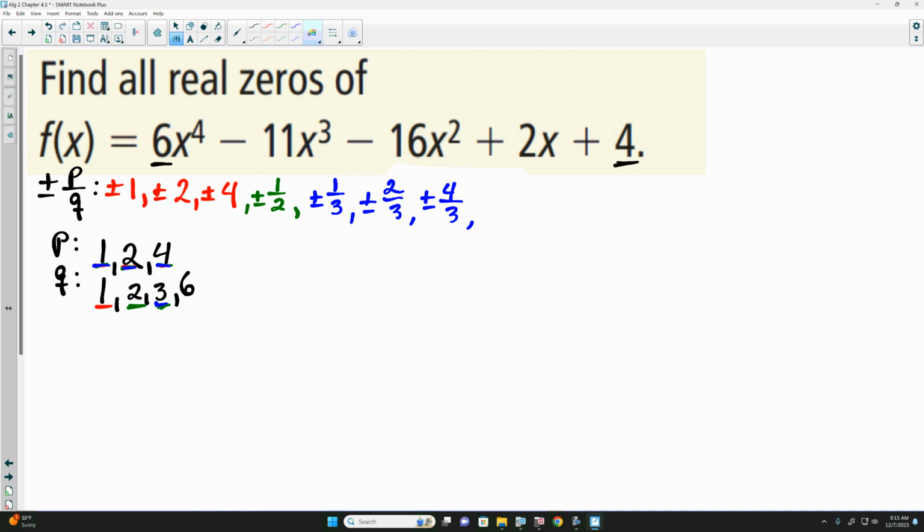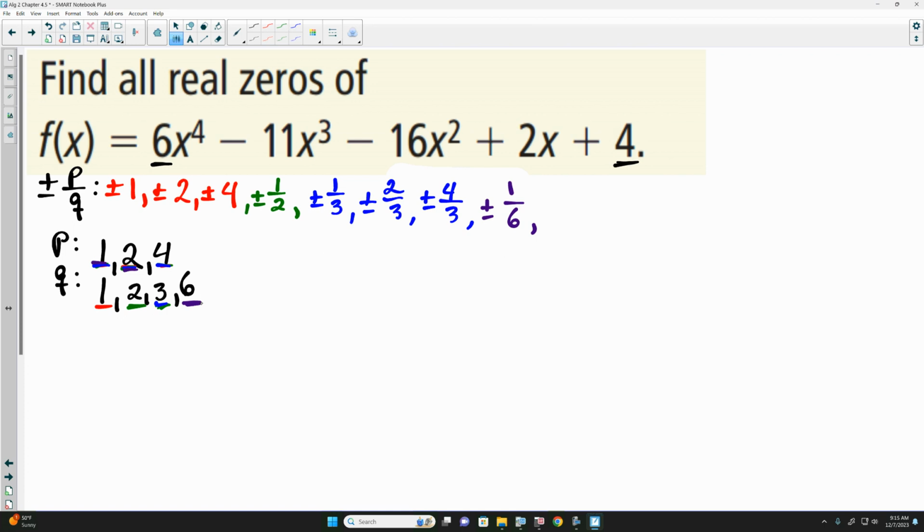The reason we didn't have to list out all the ones for 2 is, well, 2 and 4 had a common factor of 2, so they reduced. 3 does not have any common factors with 1, 2, or 4, so we had to list them all out. Now our last one is 6. So the first one we're going to have is plus or minus 1/6.